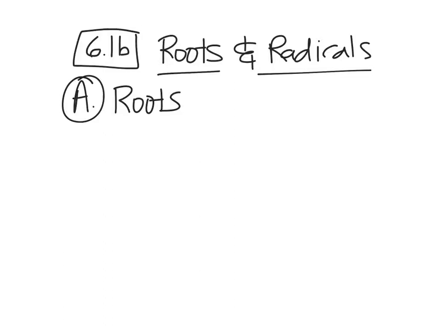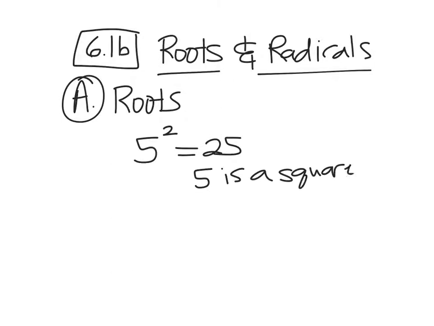So 5 to the second power is equal to 25. Everyone agrees with that? 5 squared is 25. If 5 squared equals 25, then we say that 5 is a square root of 25.